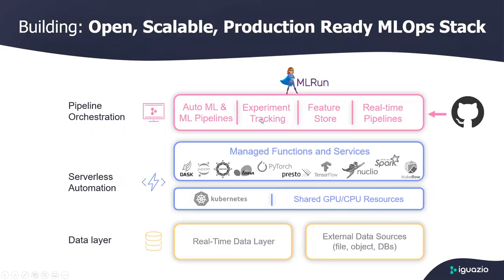We have to build a management layer for building those machine learning pipelines and tracking their progress, tracking the experiments, building a feature store where we store all the curated data in catalogs and use them for training and serving, and also the ability to build real-time pipelines relatively easily. And again, some of those pipelines become more and more complicated.